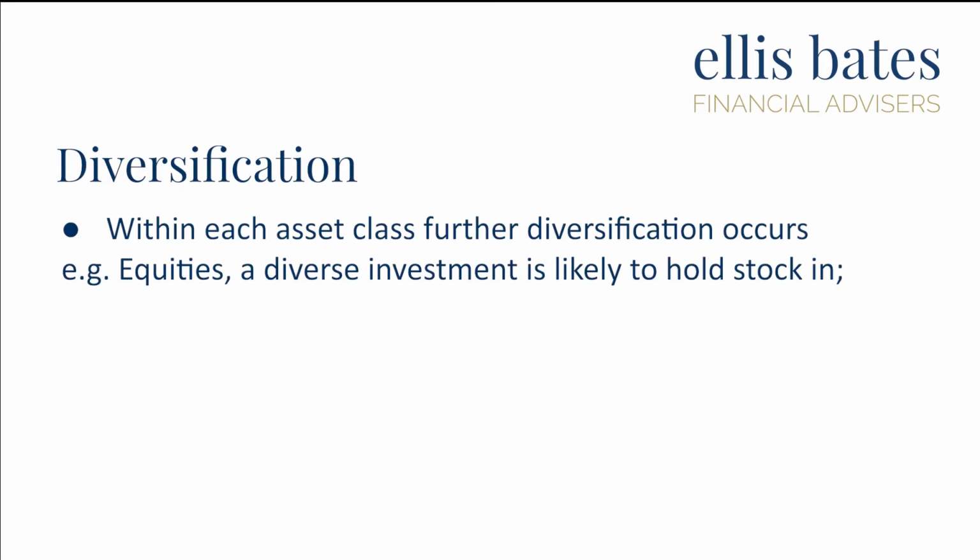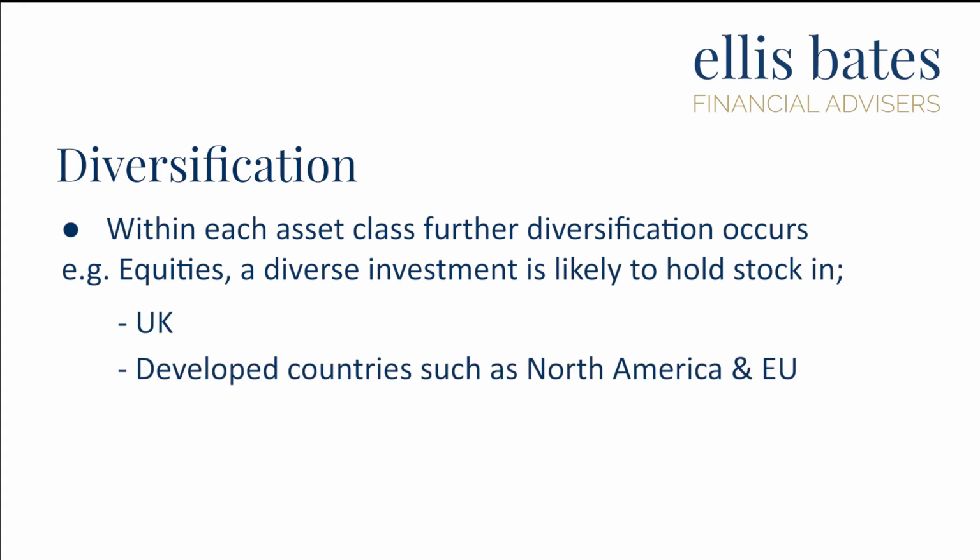Within each asset class, further diversification occurs. If we take equities, for example, a diverse investment is likely to hold stock in the UK, in developed countries such as North America and the EU, and lastly, some exposure to emerging markets.